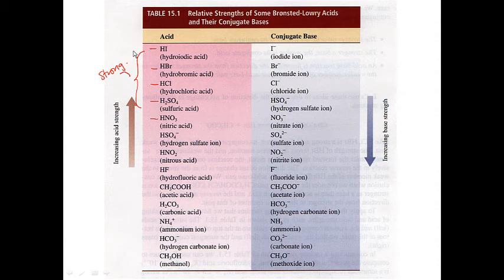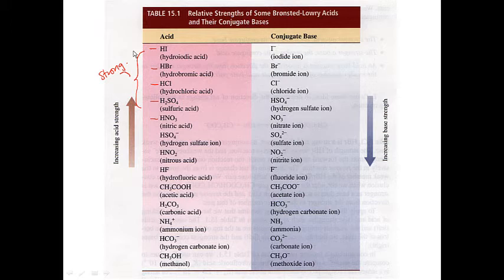Now, if you're really, really particular about this, you may say, how can I know that HI is a stronger acid than HNO3 if they both, quote unquote, completely dissociate in water? And the thing is, they don't completely dissociate in water. They just dissociate to give huge Ka values.